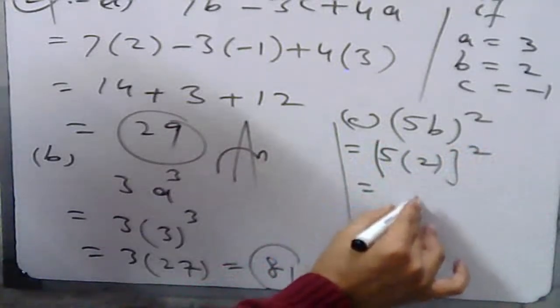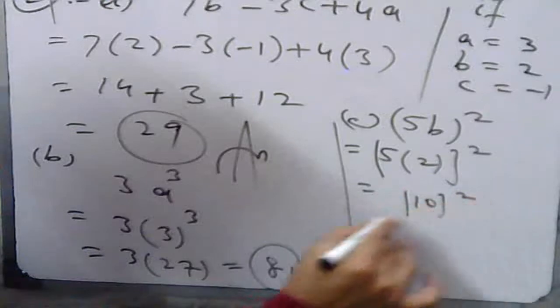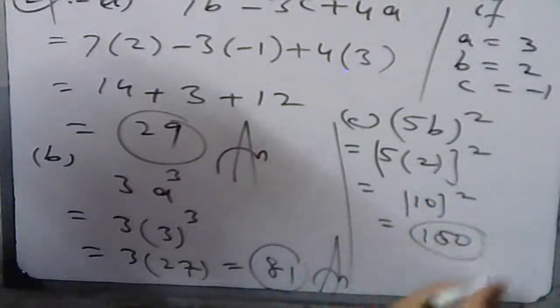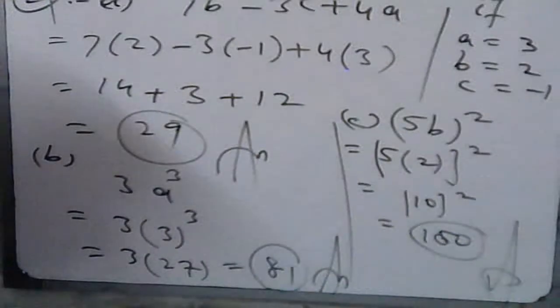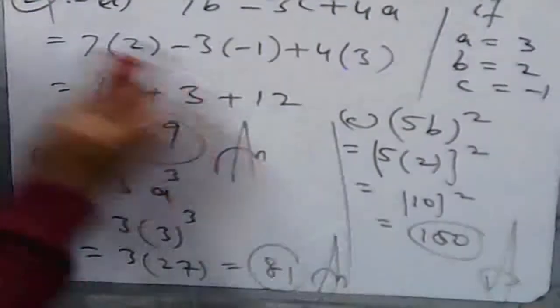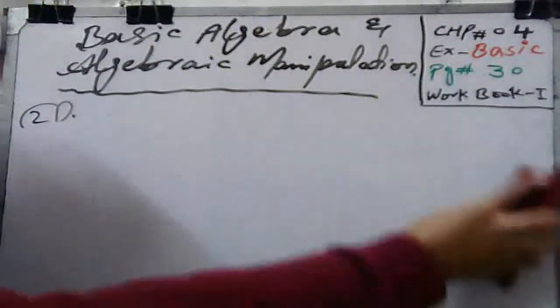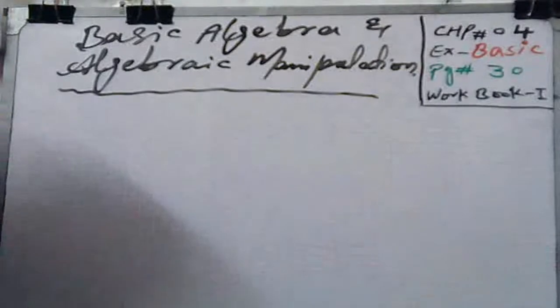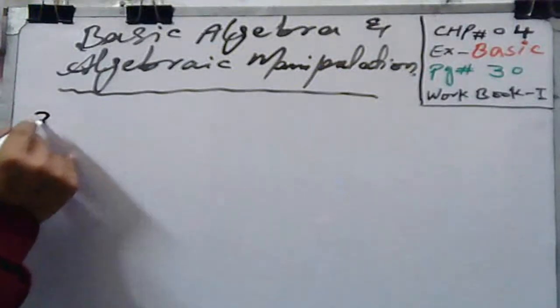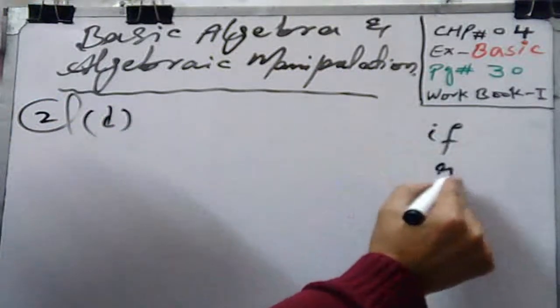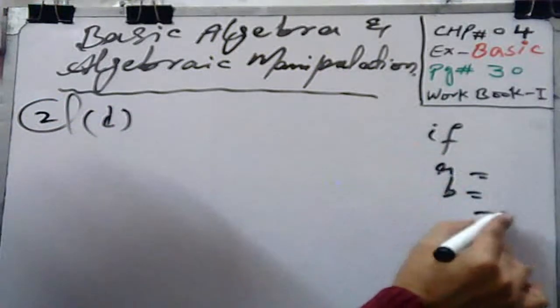Similarly, in D part of question number 2, the value of a, b and c is given to us: 3, 2 and minus 1.